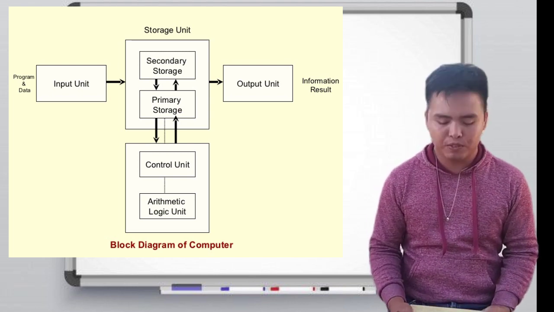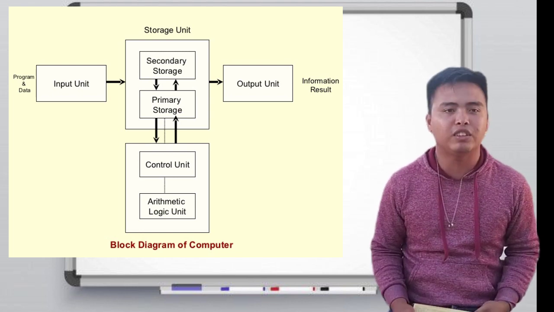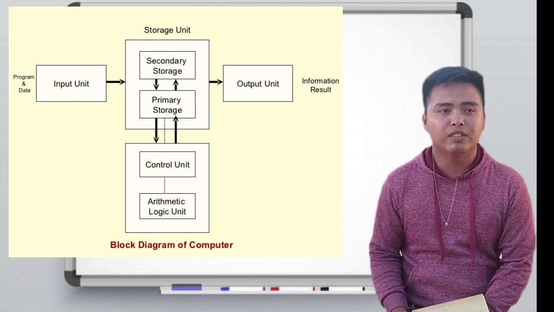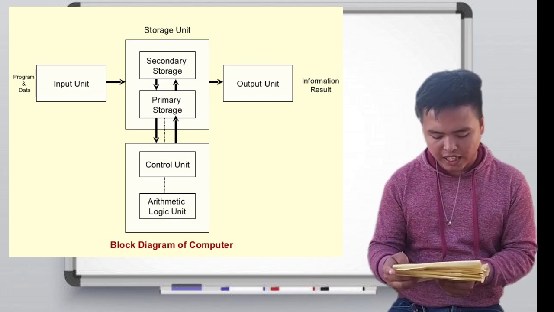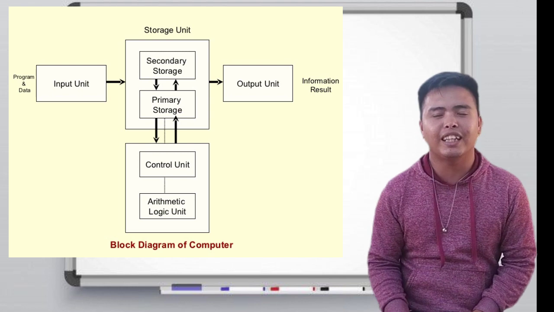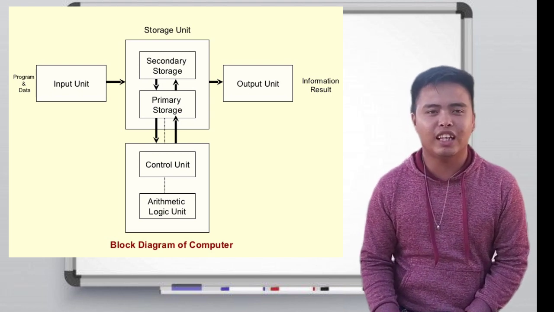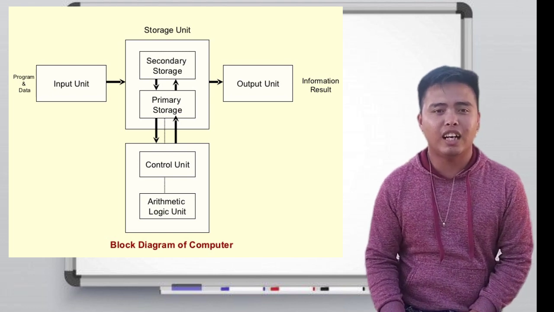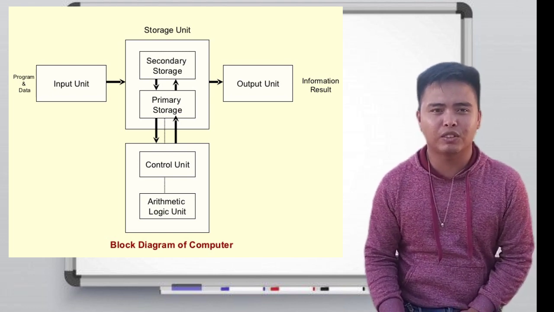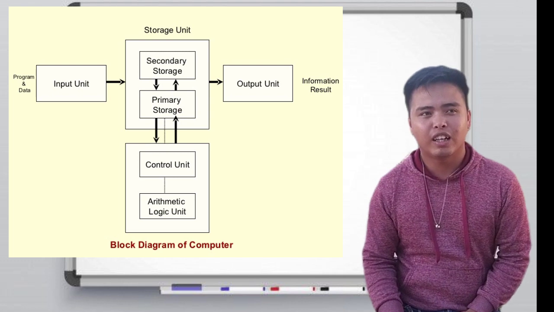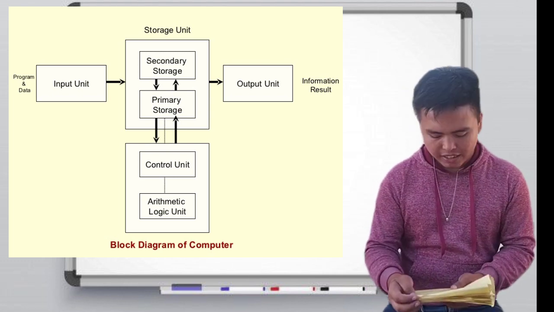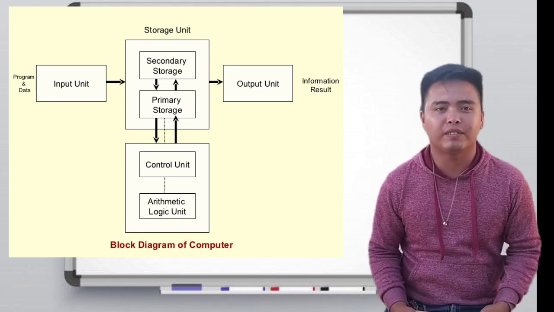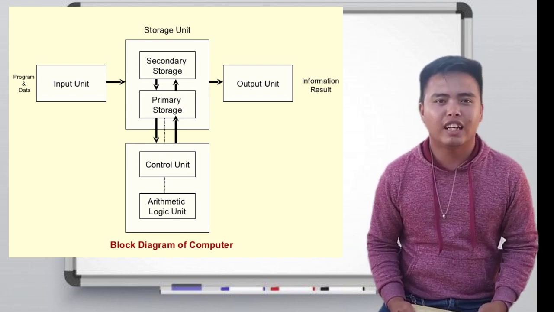The CPU has two parts, the control unit or CU and the arithmetic and logical unit or ALU. After the primary, it goes down to the CU and then to the ALU. Then it goes back to the CU and back again to the primary. After that, it goes to the output unit.